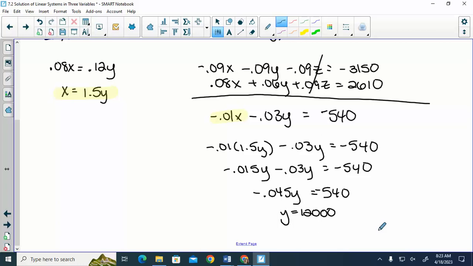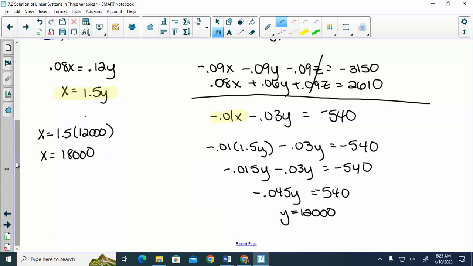So now we have y, and we can work backwards to get the others. We know x is 1.5 times y. We get x to be 18,000.